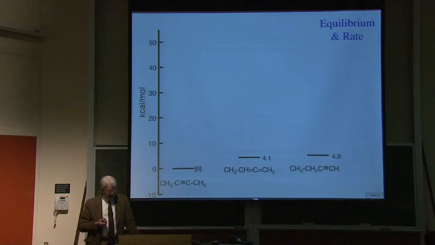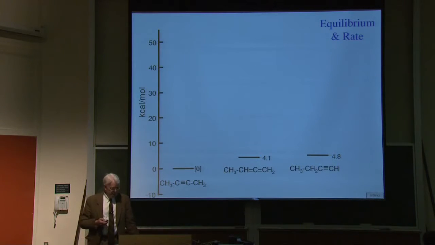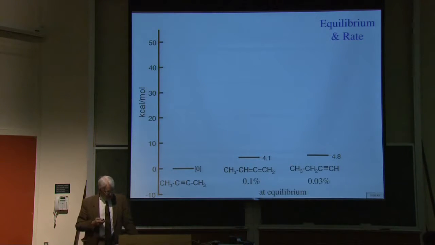And in the middle we have the diene version, the 1,2 diene. So at equilibrium you would strongly favor the internal acetylene, but how do you establish an equilibrium among these? You have to move hydrogens around. So at equilibrium, given those energies, there's only 0.1% of the 1,2 diene and 0.03% of the terminal acetylene, so very little of those.